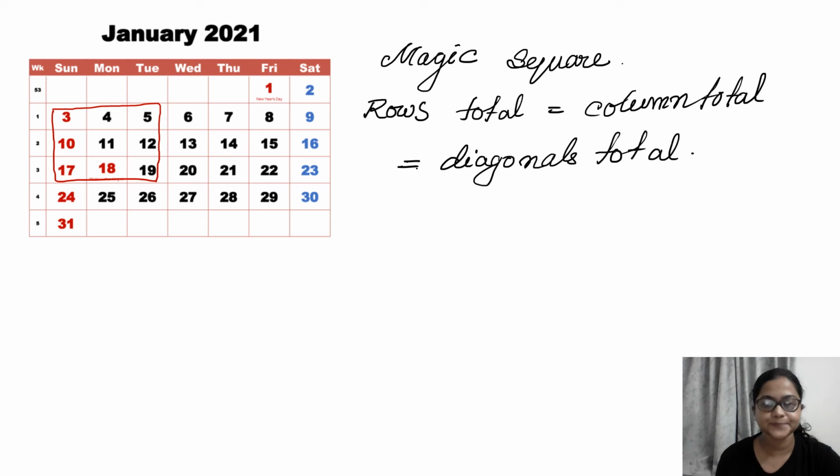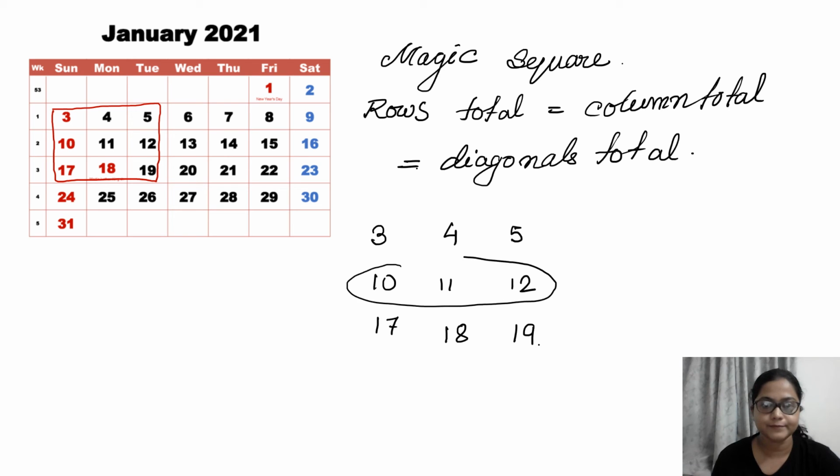This is a square grid: 3, 4, 5, 10, 11, 12, 17, 18, 19. See, the row total including the center, that means 10, 11, 12, the sum of these three, with center 11, is 33.